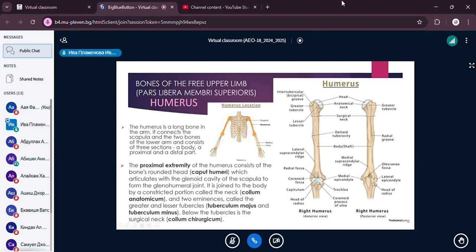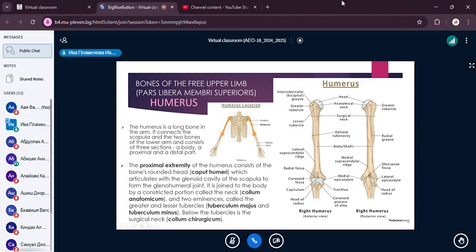After that, we have two tubercles, greater tubercle, lesser tubercle, tuberculum majus humeri, tuberculum minus humeri. From them, below, start two lines or two crests, crista tuberculi majoris and crista tuberculi minoris humeri. Between these tubercles is the intertubercular groove. Below these two tubercles is the surgical neck.